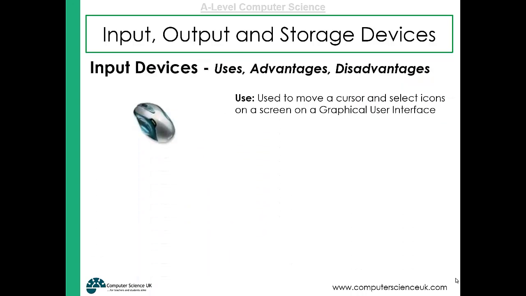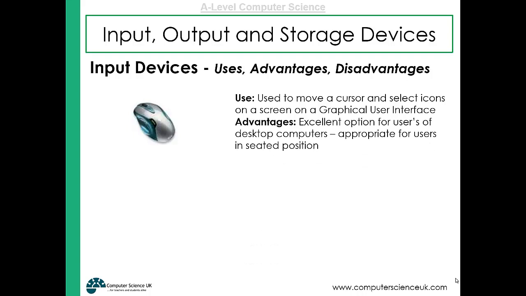Okay, so a mouse is used to move a cursor, select icons on a screen on a graphical user interface, and it's an excellent object for users of desktop computers. It's appropriate for people that are in seated positions. One thing though is that you do need a clean surface to actually use it properly.